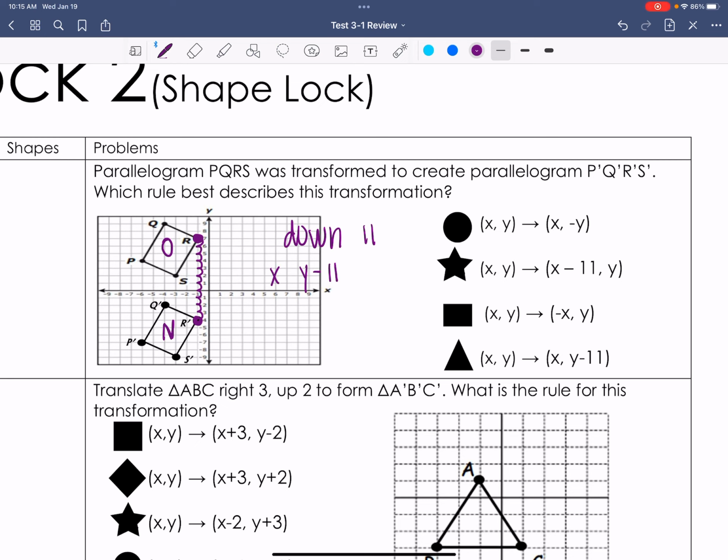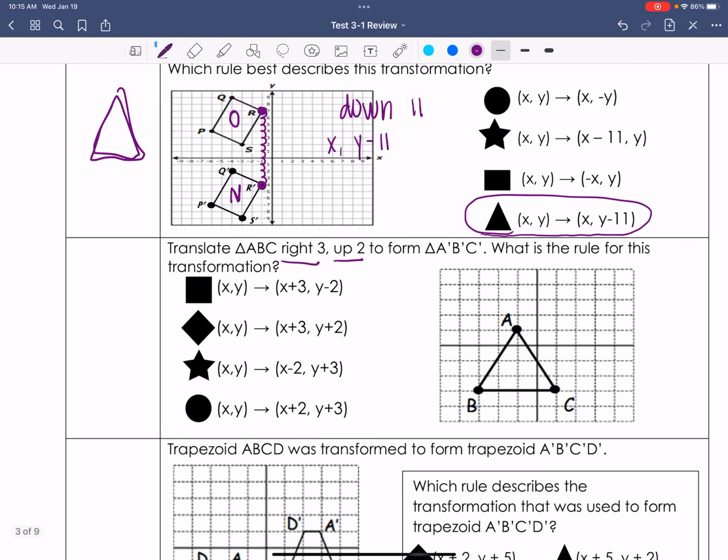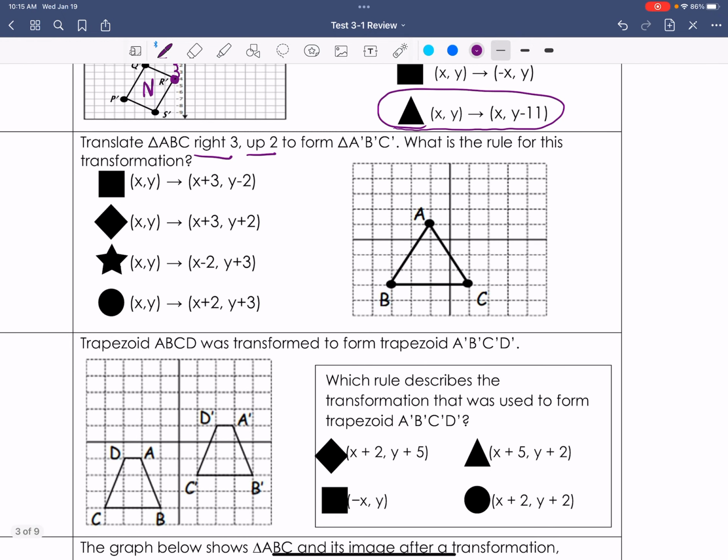Okay, looking at the next problem, it says translate triangle ABC right 3 and up 2 to form A'B'C'. What is the rule for this transformation? So I'm going to translate every single point right 3, up 2. So here I'm going to take A, I'm going 1, 2, 3 to the right, 1, 2 up. Here is going to be A prime.